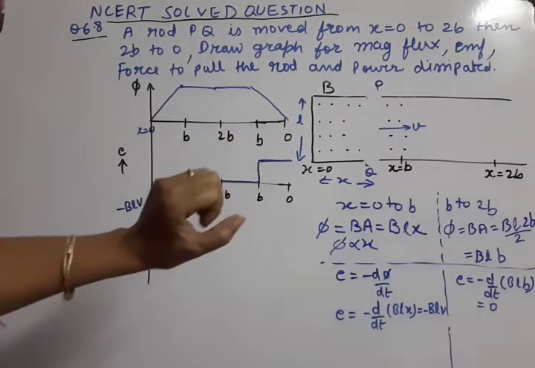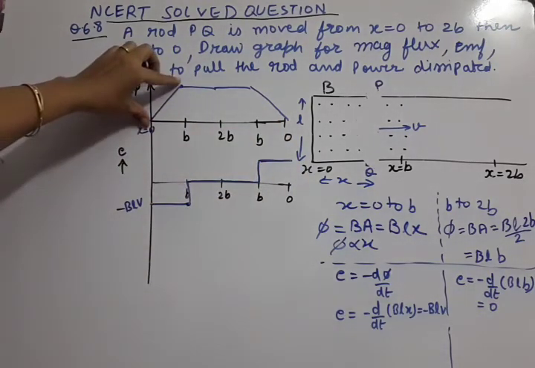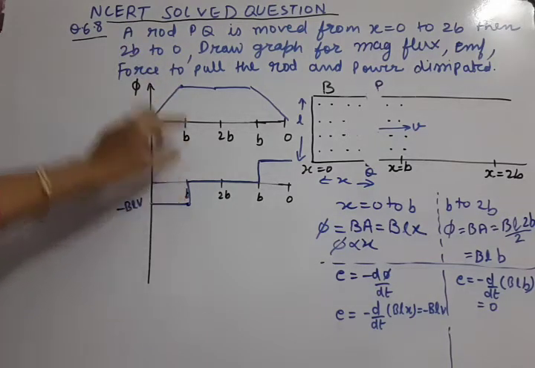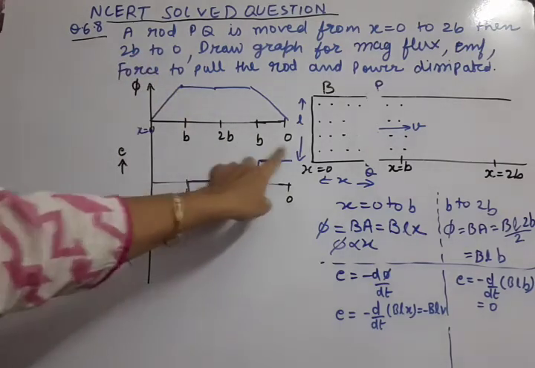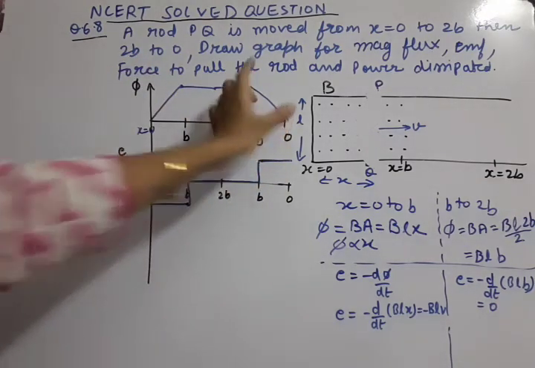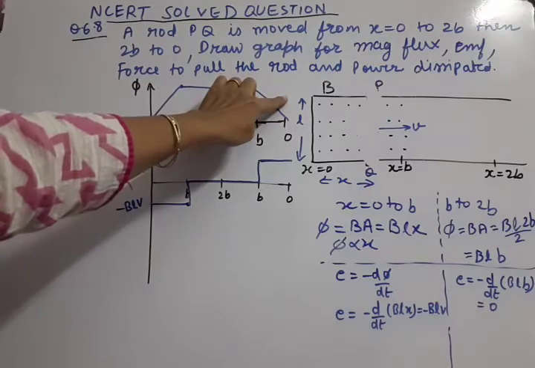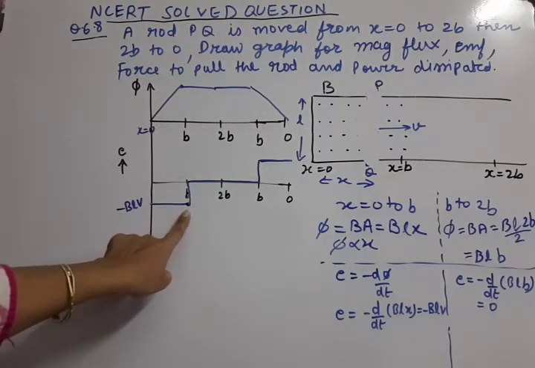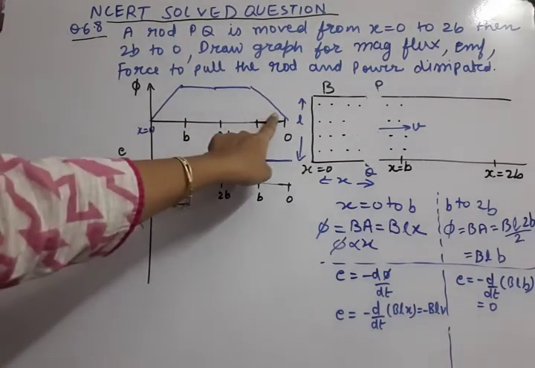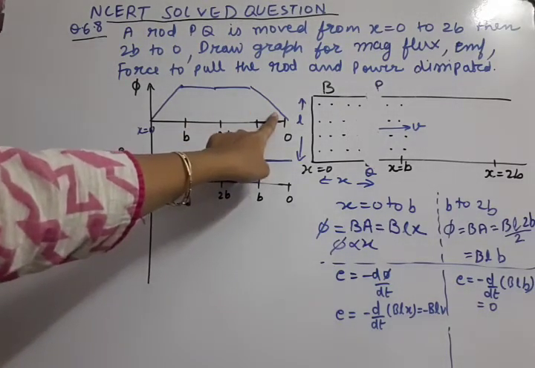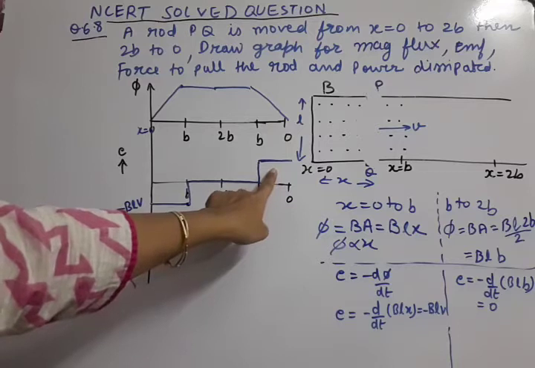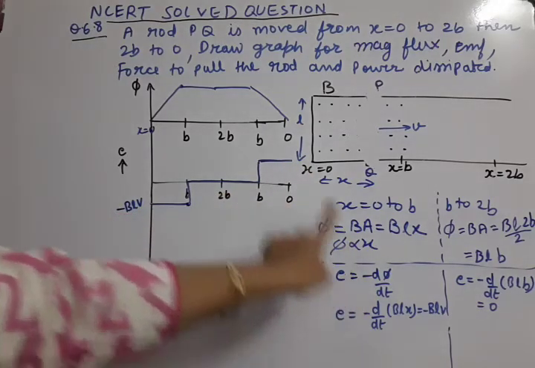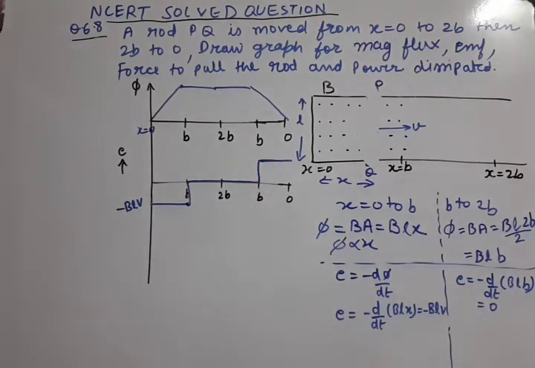I'll just tell you the changes. For 0 to B the flux was increasing, but for B to 0 the flux was decreasing, so the sign is just opposite. If for the first case the induced EMF came minus BLv, then for this case, since the sign has changed, the direction will also change and it will become plus BLv. The calculation remains the same, but the direction will change.